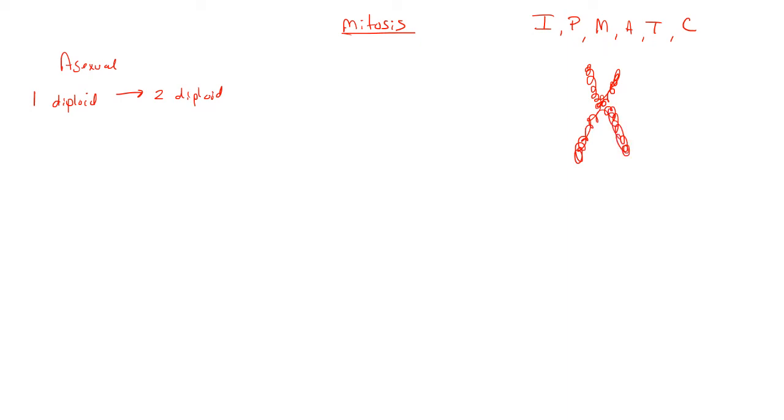What this is, it's a chromosome, right? Now the chromosome has 2 halves. Each half is called a chromatid. And then there's this middle portion that's kind of connecting it all together. That's called the centromere. And of course we have the short arm, which is called the P arm, and the long arm, which is called the Q arm.